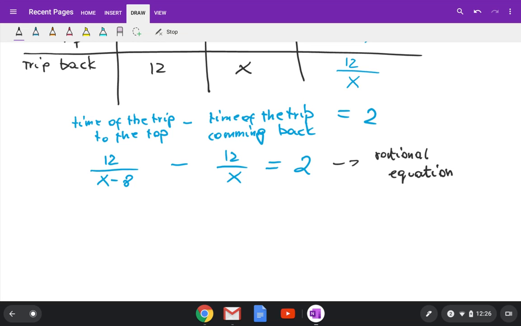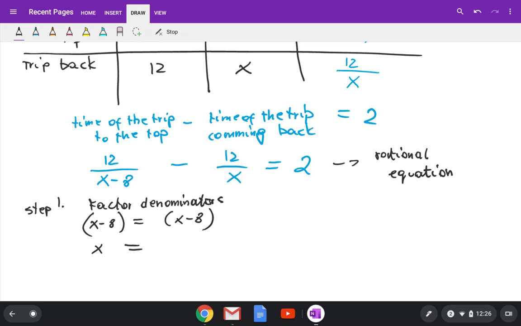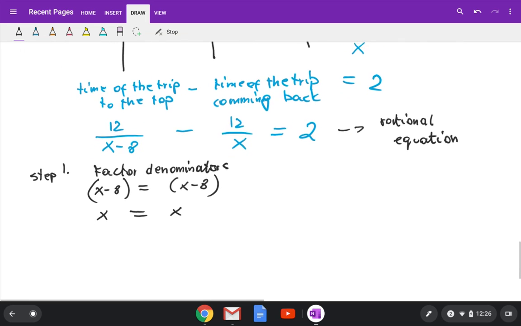So first, step 1 is factor denominators. I'm just reviewing that detail for you guys because I know we have a test tomorrow. So the denominator is x minus 8. It's prime, so it's just going to be x minus 8. And the other one is x, so you're just going to keep x since they are prime.